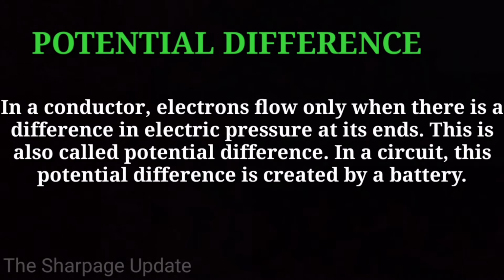Dear students, do you know in a conductor electrons flow when there is a difference in electric pressure at its ends? This is also called potential difference. In a circuit, this potential difference is created by a battery.